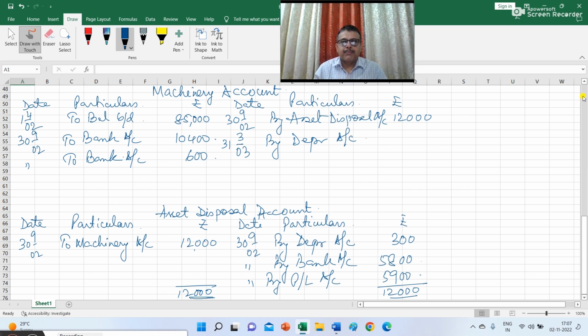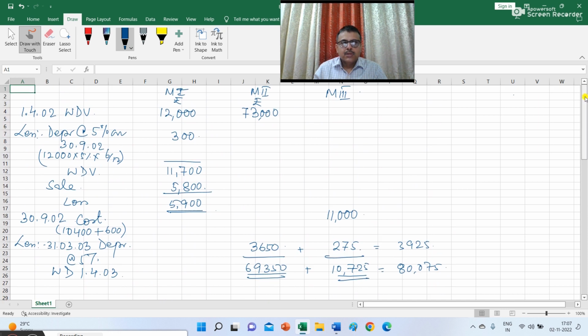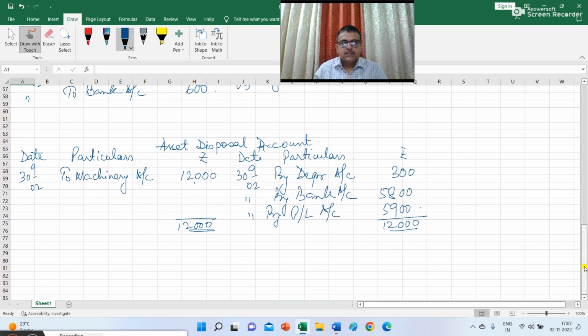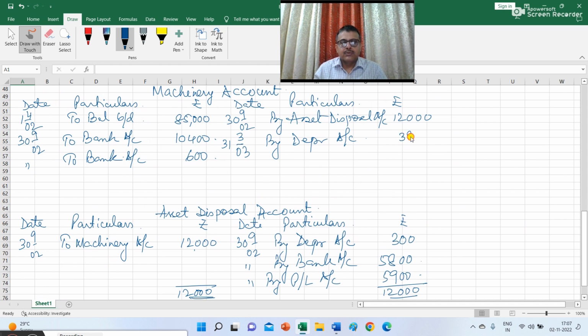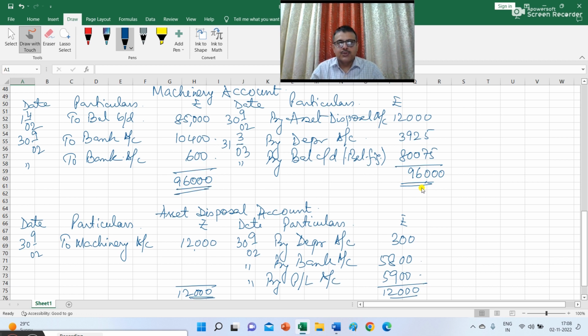The amount of depreciation charged was 3,925. So in depreciation I can write 3,925, and the written down value of the two machines M2 and M3, this is the balancing figure, is 80,075. This way I have completed preparing the machinery account and the asset disposal account.